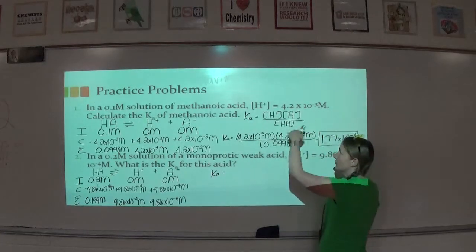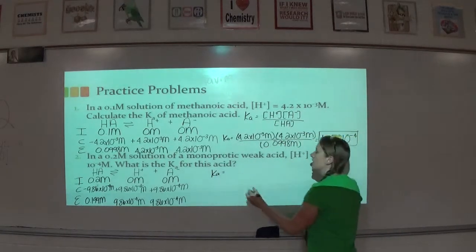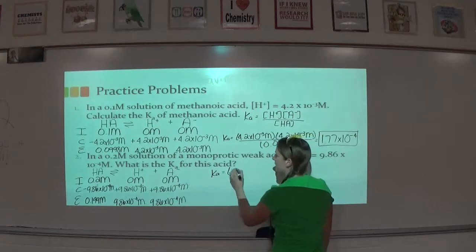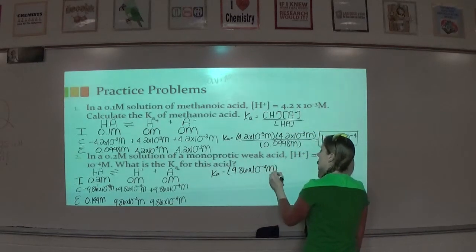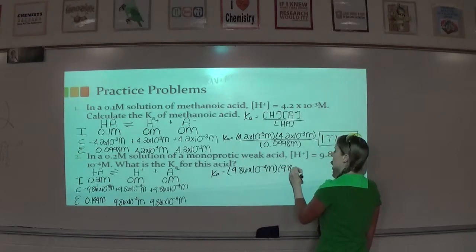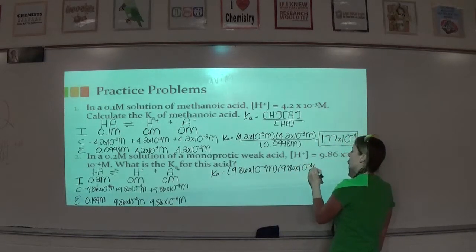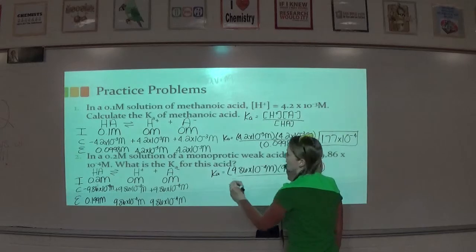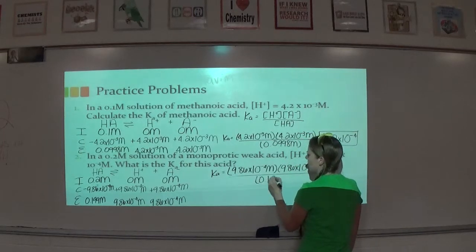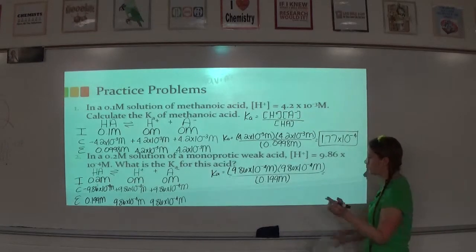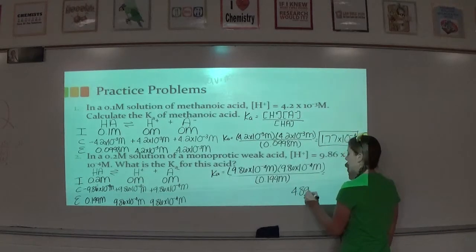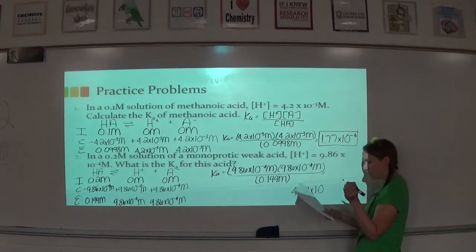I'm not going to rewrite the formula again because it's literally right here. So I plug in my H plus, which is 9.86 times 10 to the negative 4 molar. I plug in my A minus, 9.86 times 10 to the negative 4 molar. And then I plug in my HA, which is 0.199 molar. Remember, no units for K values, and when I solved, I got 4.89 times 10 to the negative 6.